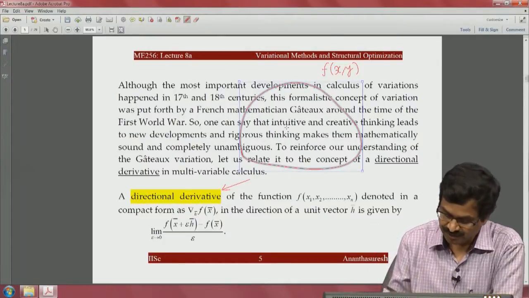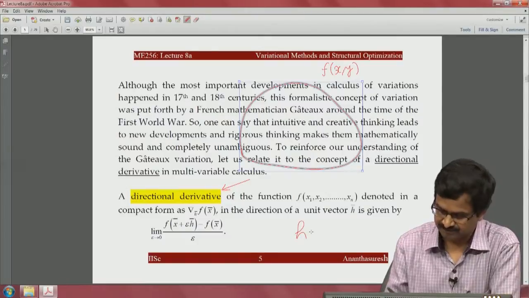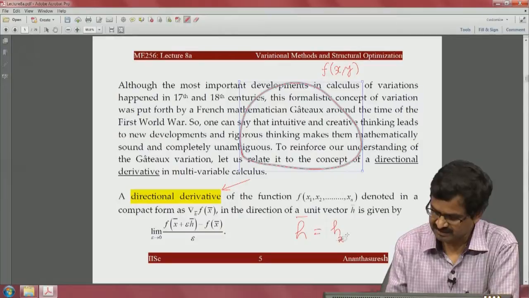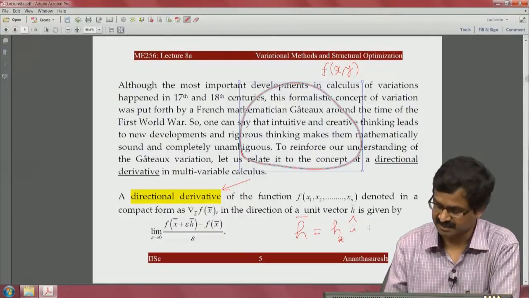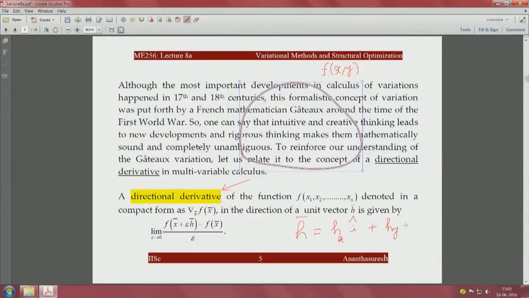Let us say you take a direction h, that will have a component h x in the i direction, h y in the j direction. If you have something like that, in that direction you want to know, if I have a function at a particular point, how does that vary?